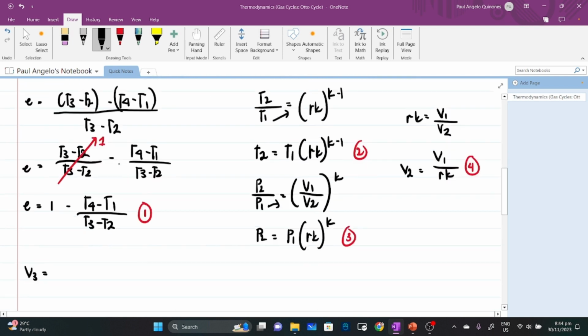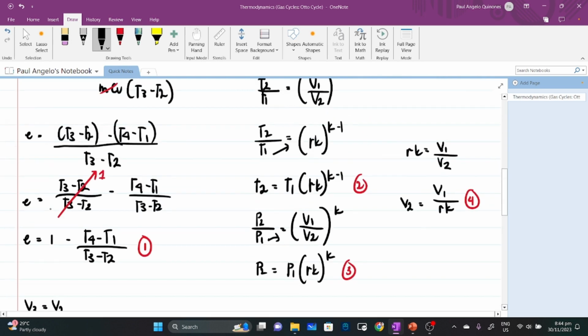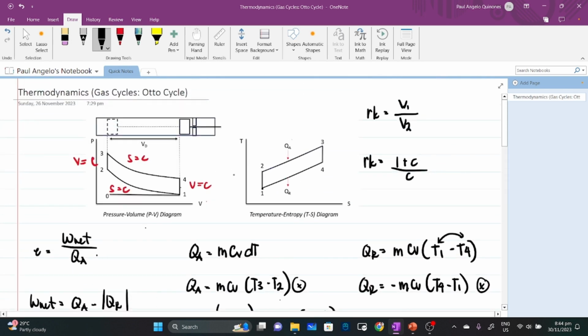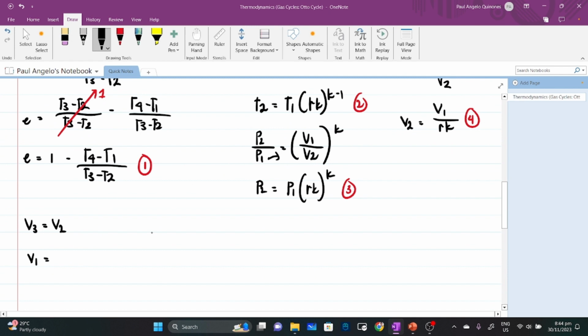So let's write that down. V3 is equal to V sub 2. The same goes with V sub 1 and V sub 4. You can see here, they are also isometric or isochoric process. Therefore, V1 is equal to V4.